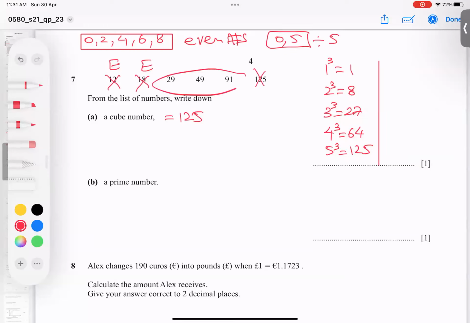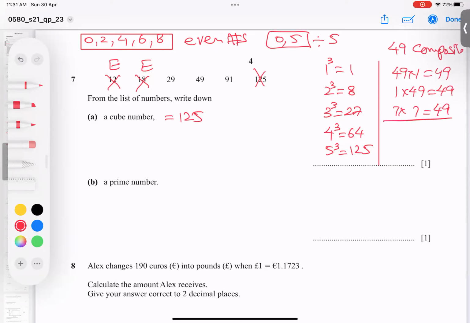So now 3 numbers are left behind. Check it. What about 49? 1 times 49, 7 times 7. Students, if only 2 factors, then prime number. But the problem here is 7 times 7 is 49, so 49 is called a composite number.